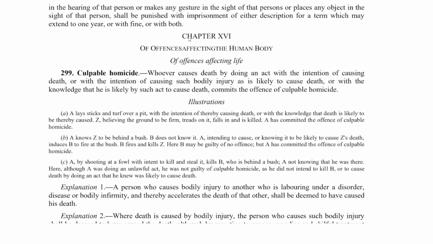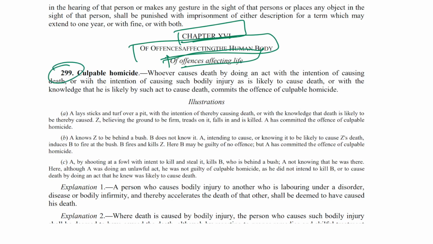Now we will start with Chapter 16, and then we will move forward with the other chapters. But this perhaps becomes a very important portion for your CLAT preparation. You might get questions. What is culpable homicide here? Culpable homicide means human killing.